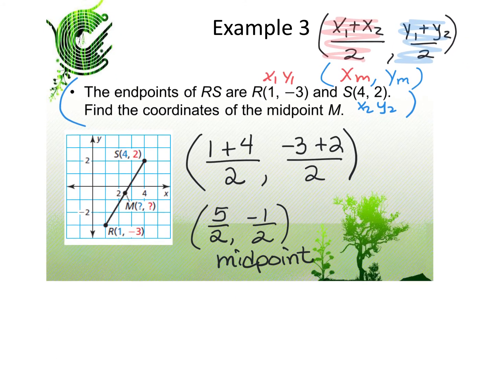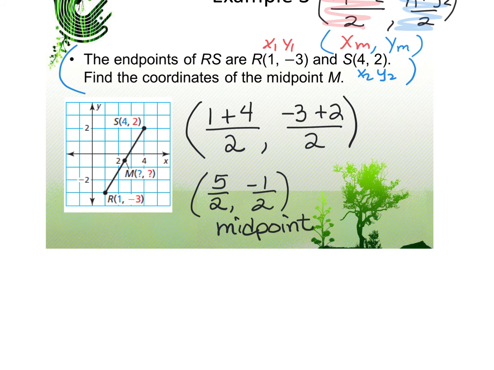However, if you were expected to graph it, I would recommend that you convert 5/2 to a mixed number or a decimal. So be able to recognize, especially if you get this question on an SAT or a PSAT, they may have changed this to 2.5, comma, -1/2, or made it a mixed number.